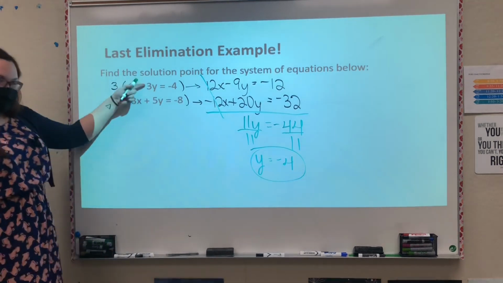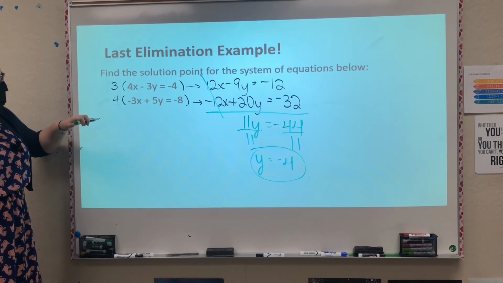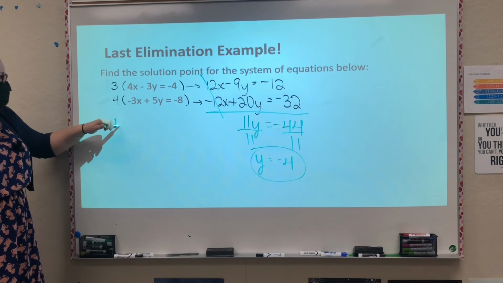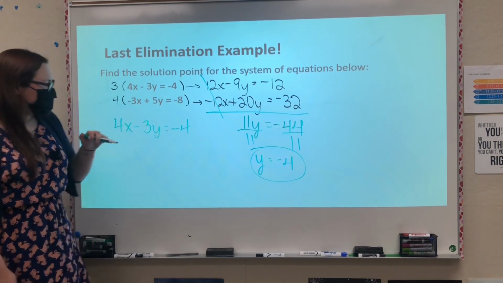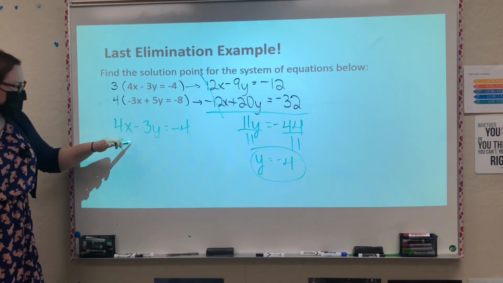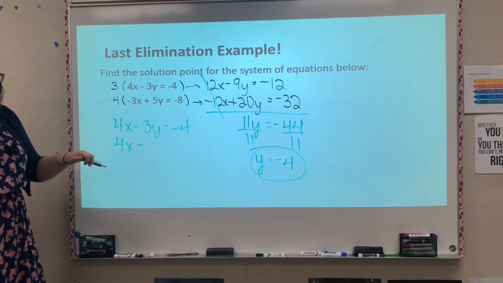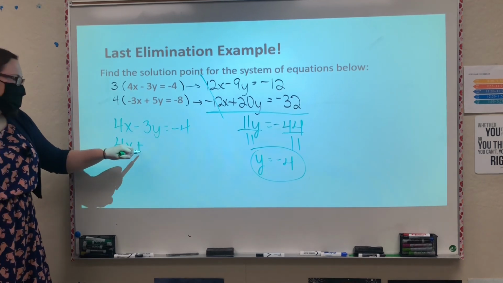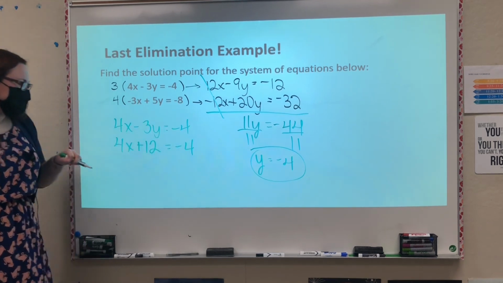So we've got this. You're recommending we use one of the original 2. Which one do you want to use? I guess the top. So let's do this. If I substitute in that equation, what's it going to look like? So it would turn into 4x minus -3 times -4, which gives us that +12, equals -4.